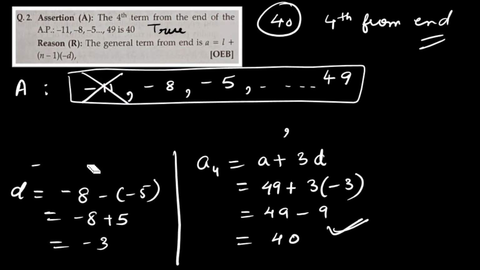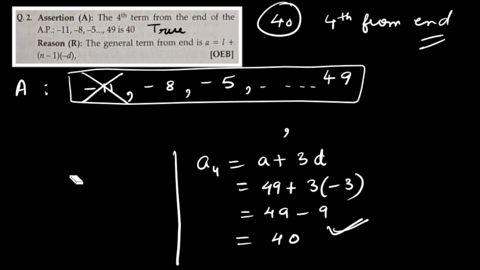Let's check the general term from the end: an is equals to l plus n minus 1 into minus d. Is it correct? Yes, it's correct.